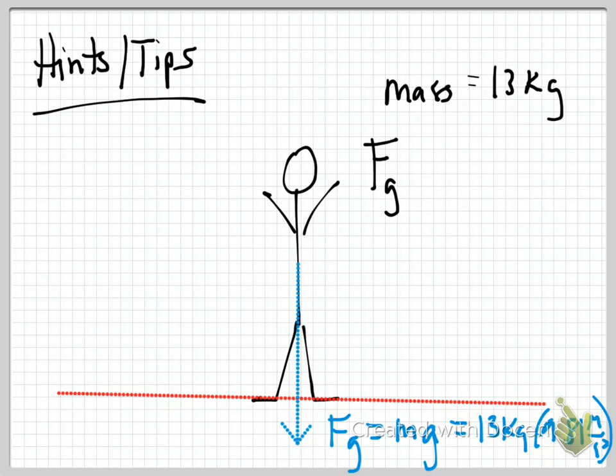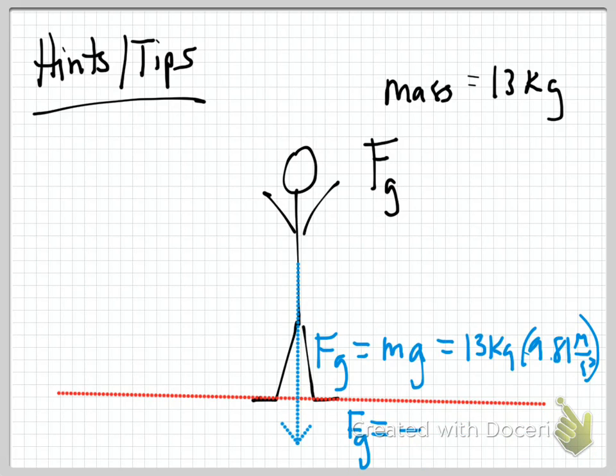So the force of gravity on this imaginary person is negative 127.53 newtons. You could also say that the force of gravity on this person is 127.53 newtons downward. Doesn't matter. Obviously our sig figs are not good there.